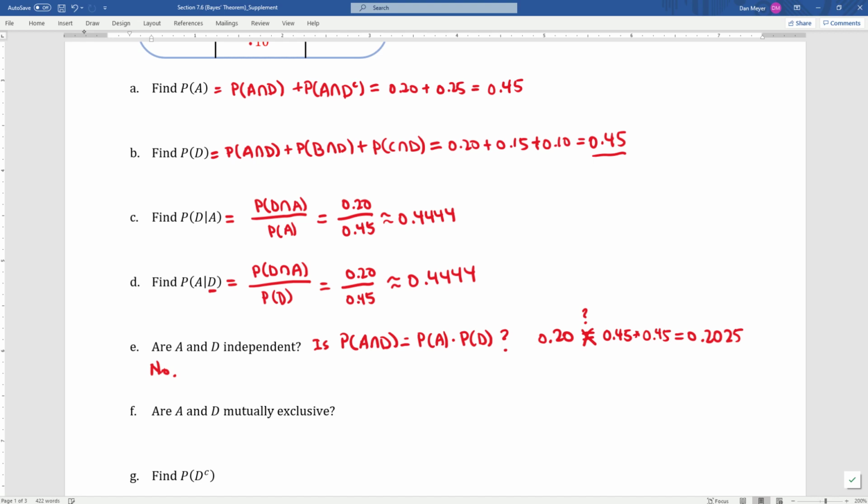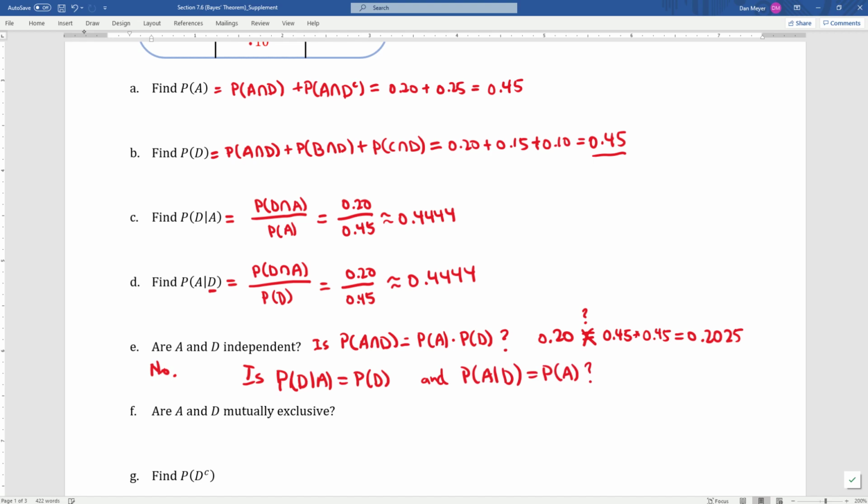So that's the test for independence. That's what our book calls it. You can also ask, is the probability of D given A equal to the probability of D? And the probability of A given D equal to the probability of A? Remember, that's our definition for independent events.